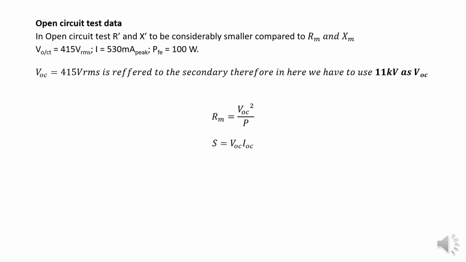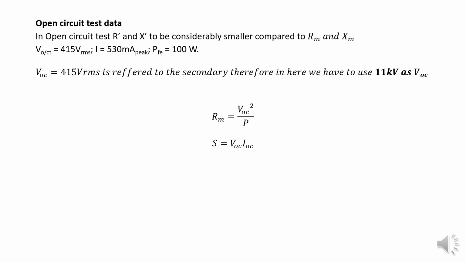Likewise, you can calculate the Xm value also, right? Xm will be open circuit voltage squared divided by Q. So we need to find the value of Q. Q means reactive power, the inductive or reactive part, right?